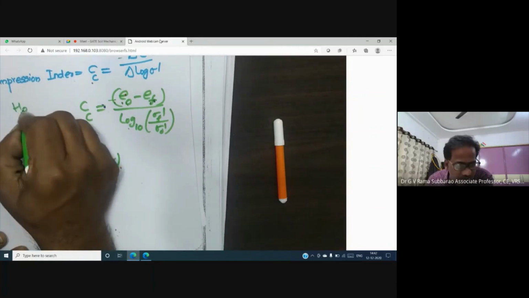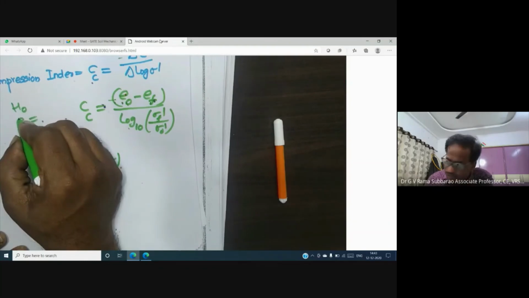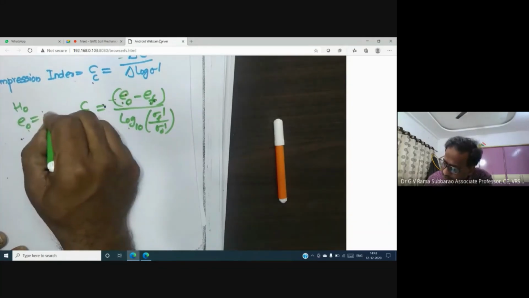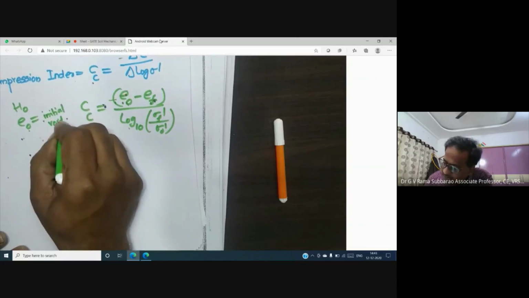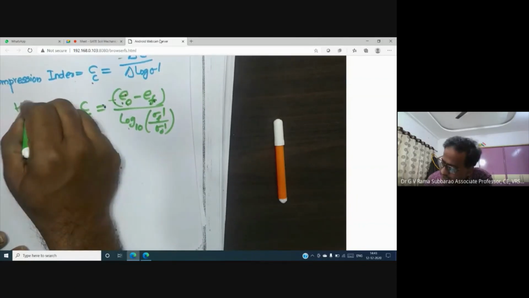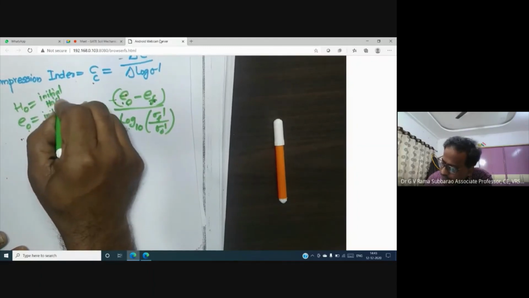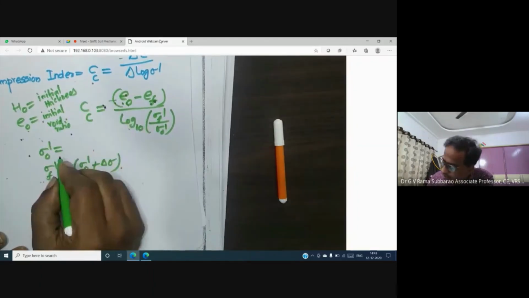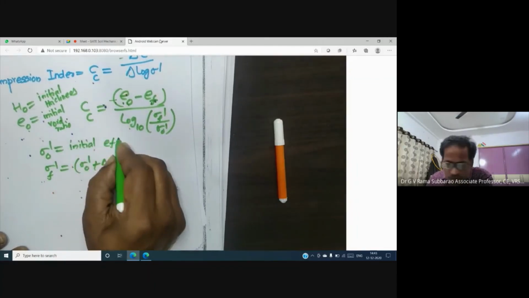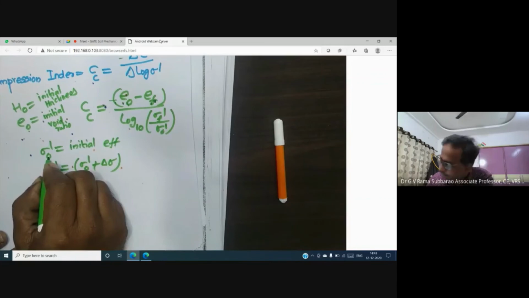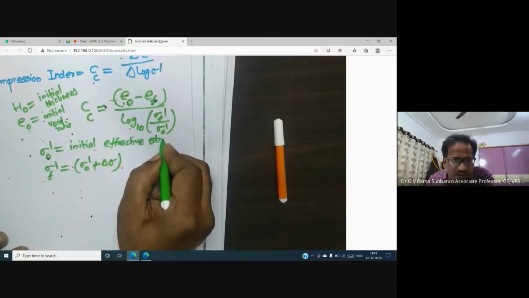Don't think it is zero; zero means here the initial condition. That means initial void ratio. So let me write, H naught means initial thickness. And somebody can ask me what is sigma naught dash? Initial effective stress. Here zero indicates initial condition, initial effective stress, which is also called intergranular pressure.